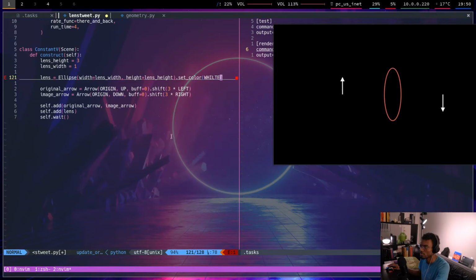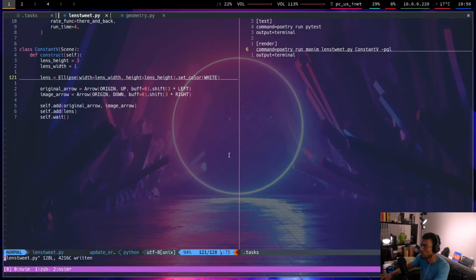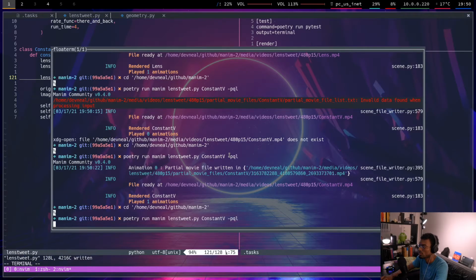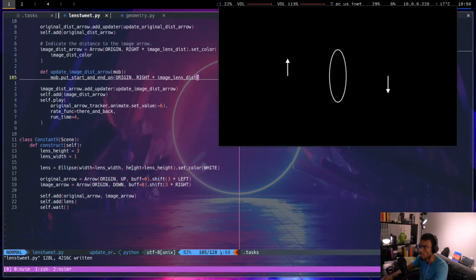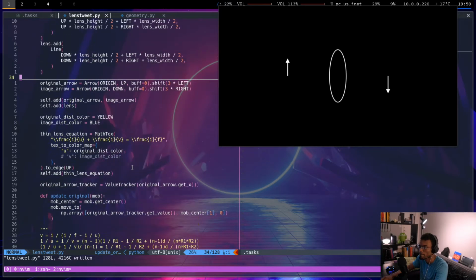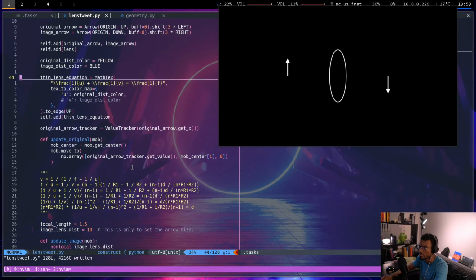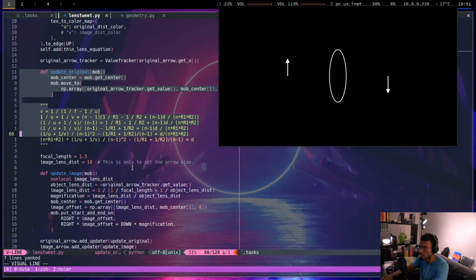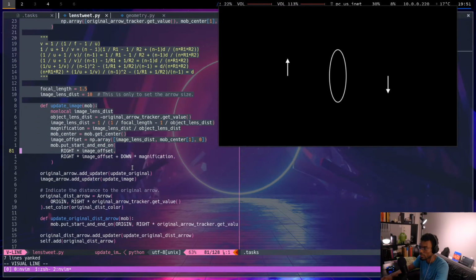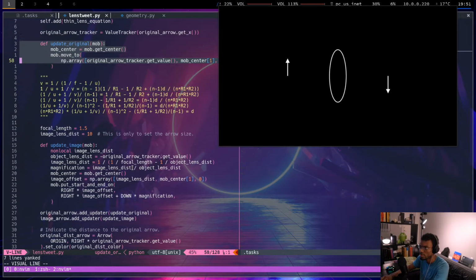Where did my cursor go? Great. Okay, then let me just move that arrow again. The original arrow, then lens equation, arrow tracker, update original. I think I want all of this. I don't want update image though.